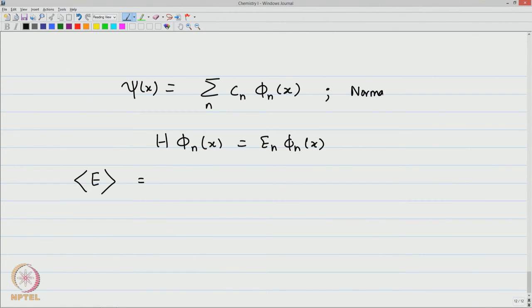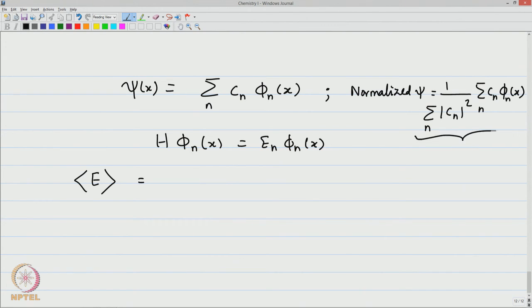The normalized psi will be 1 by the square root of the sum of the absolute squares of the combination coefficients times the sum over n of C n phi n of x.